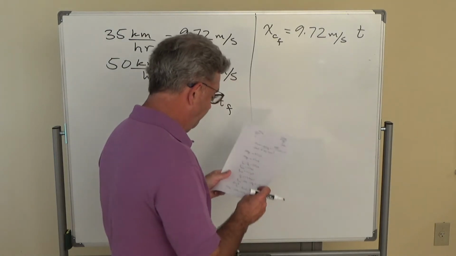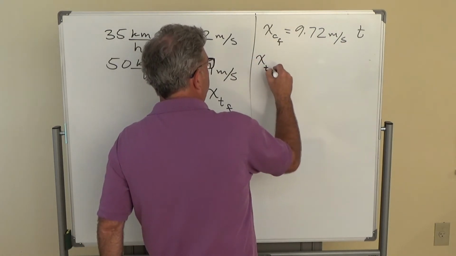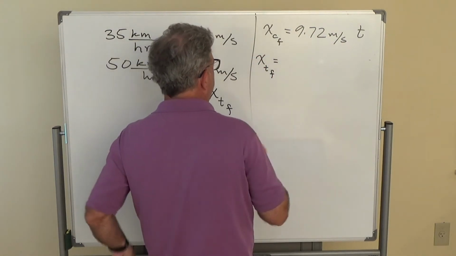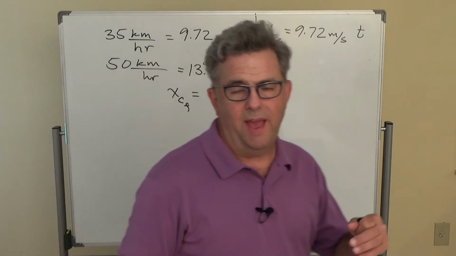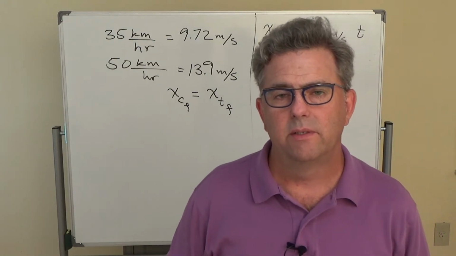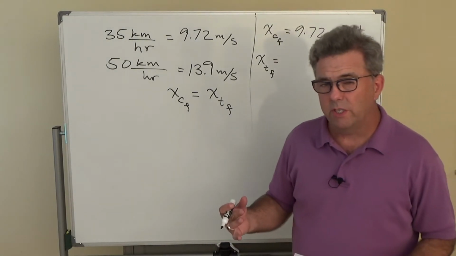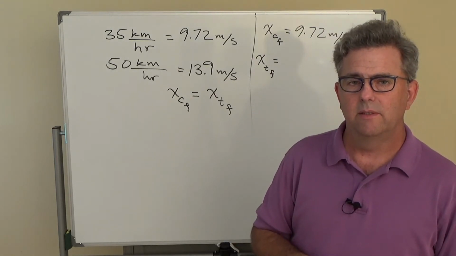So X truck final is equal to, we're going to have to use the big long equation that's got t squared in it. Because the first thing we have to do is find the time that they meet.